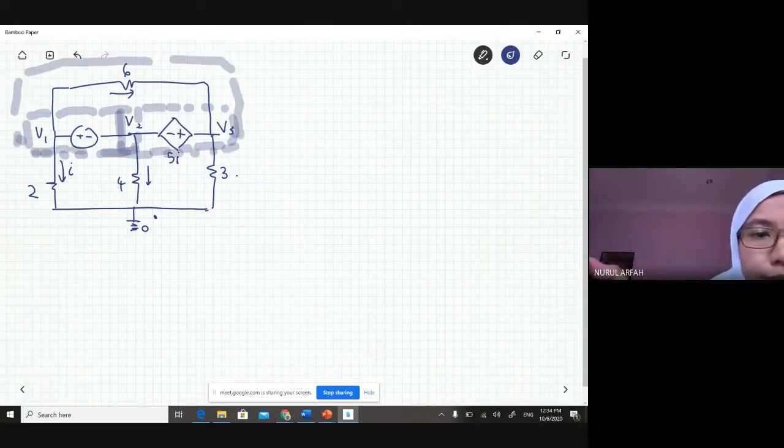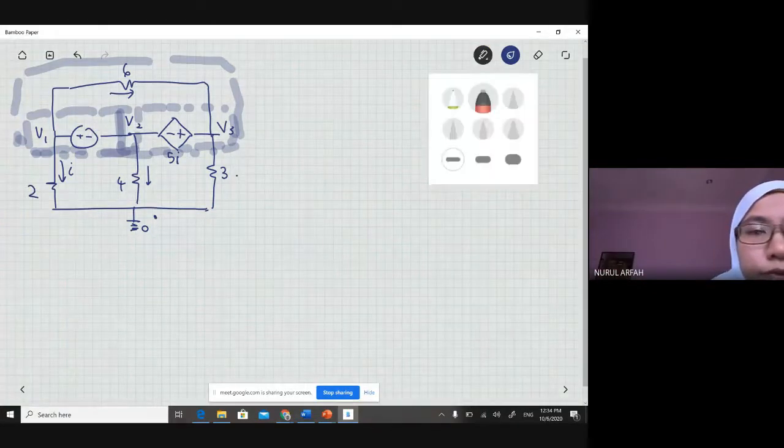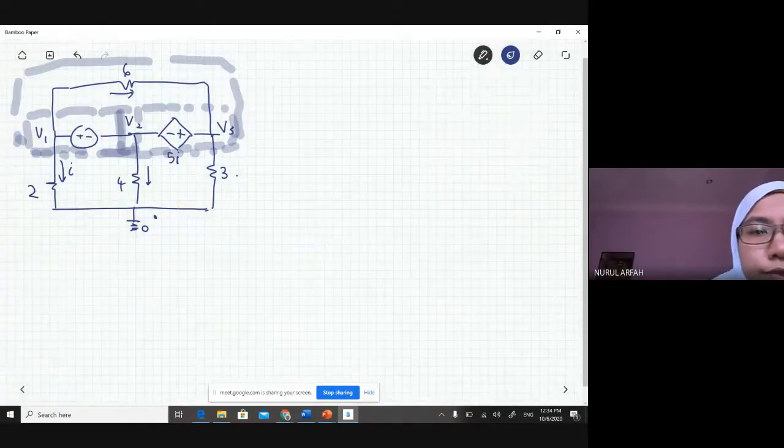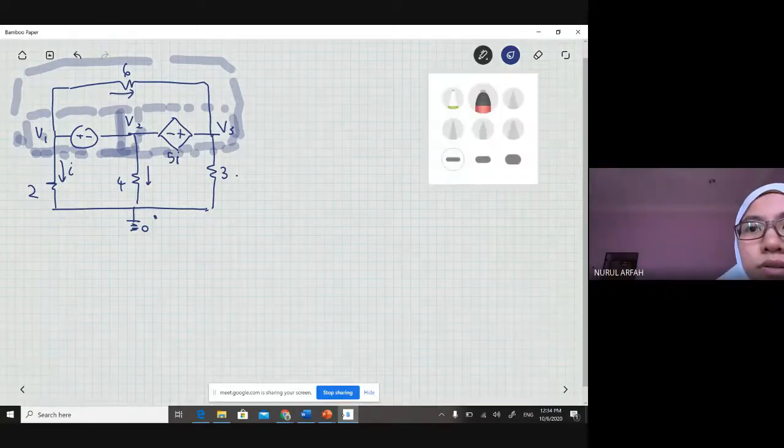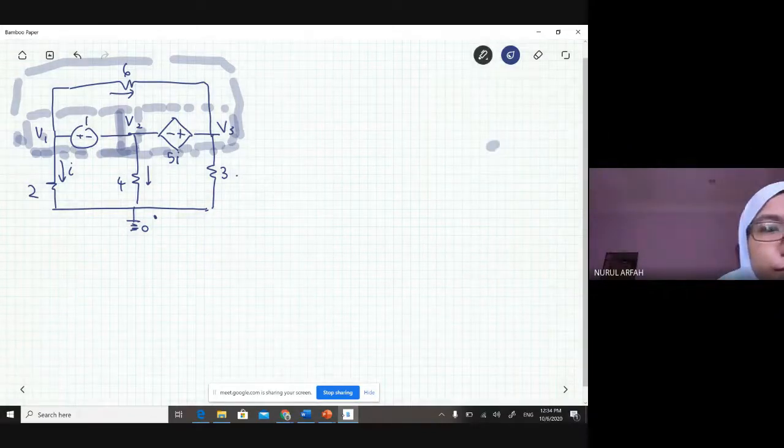Why can we combine? Because V1 minus V2 is equal to this 10 volt. And then V3 minus V2 equal to 5i.